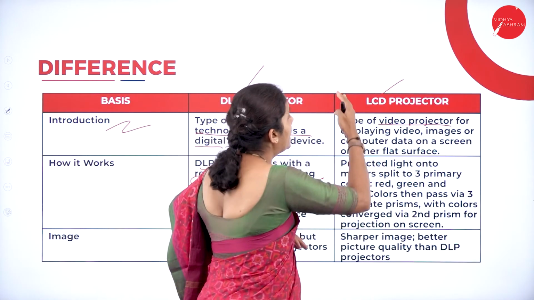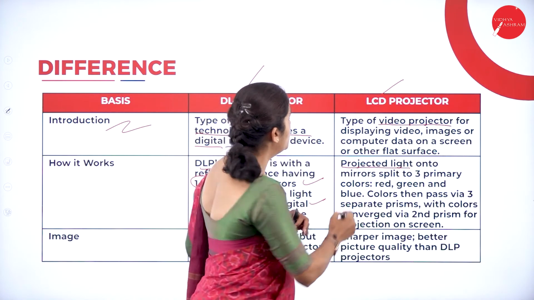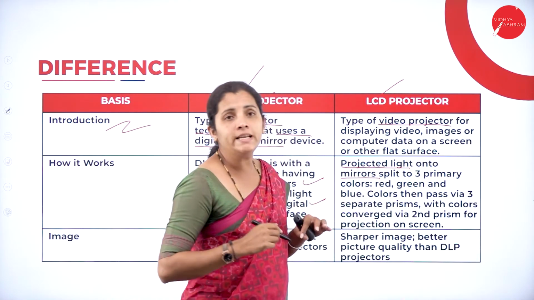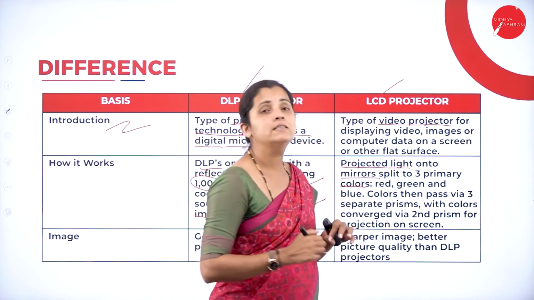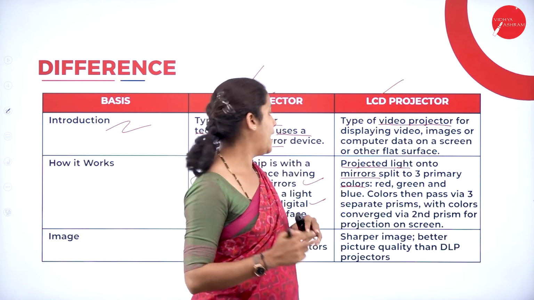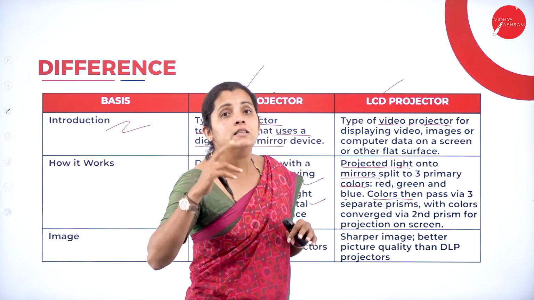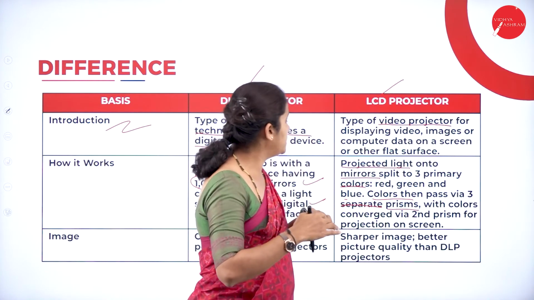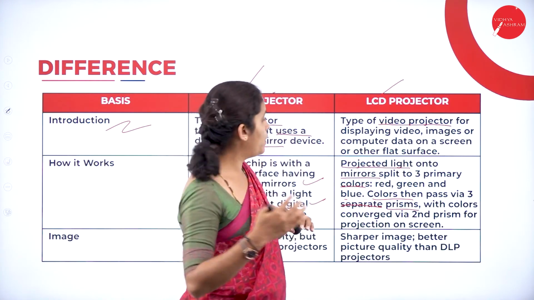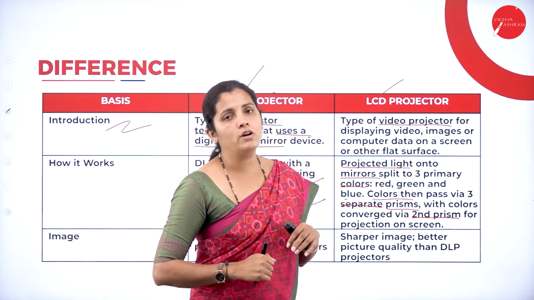Whereas in LCD projector, projected light onto mirrors splits into 3 primary colors, that is red, green and blue. Colors then pass via 3 separate prisms, which colors are converted via a second prism for projection on screen.